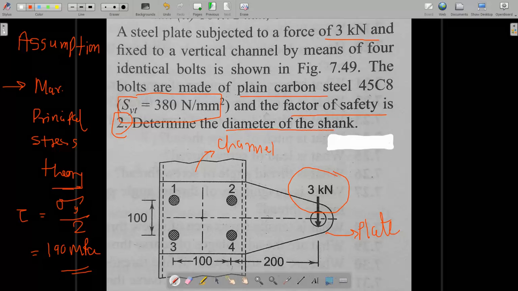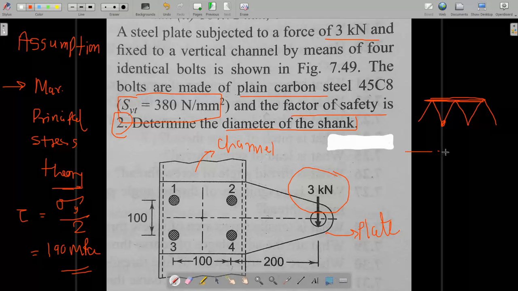We have to find the diameter of the shank. Diameter of the shank means the core diameter. The threads would be like this. Sorry, I'm drawing again. Threads could be like this. This is the thread. This distance is known as the outer diameter or major diameter, and this is the valley part.